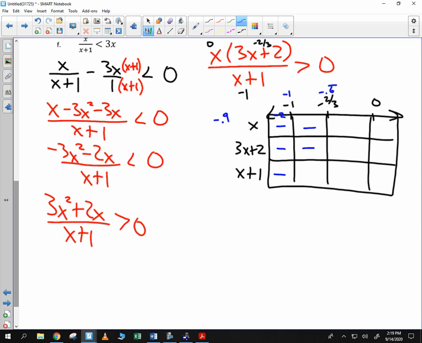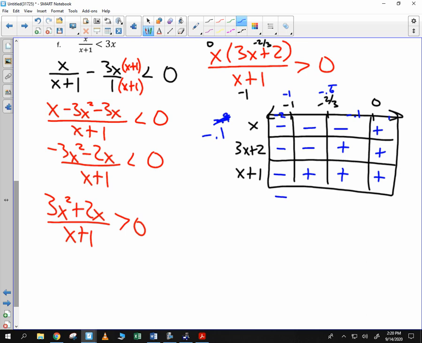And -0.9 plus 1, that would be a positive. I'm now going to plug in a number between -2/3 and 0. I'm going to plug in -0.1. I get a negative, a positive, a positive. And finally, if you plug in a number to the right of 0, say 1, you get a positive, positive, and a positive.